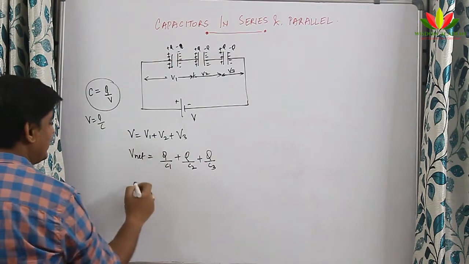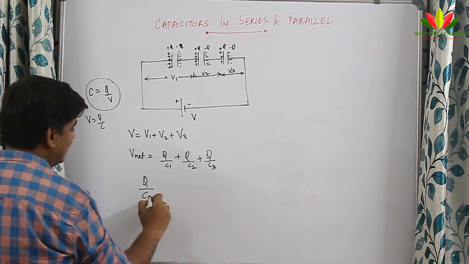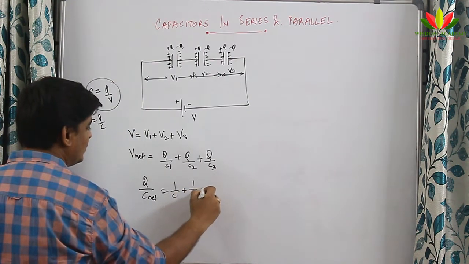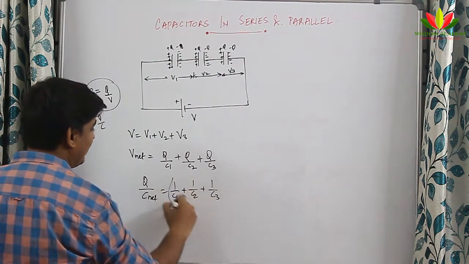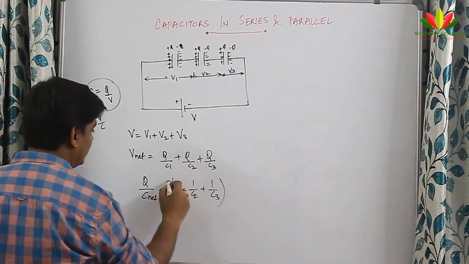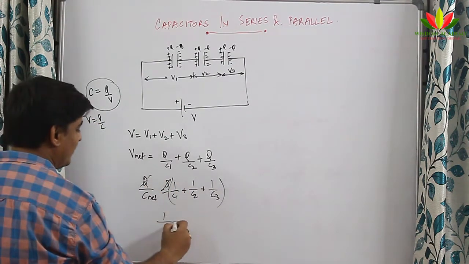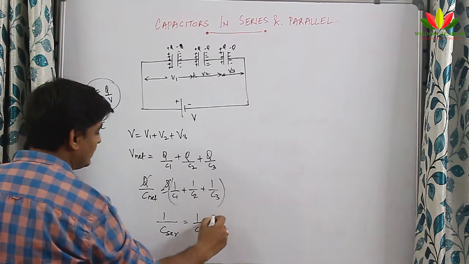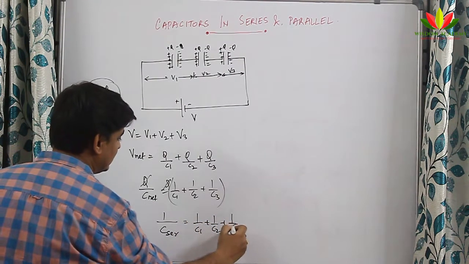And V net will be equal to Q by C net, that is equal to Q times 1 by C1 plus 1 by C2 plus 1 by C3 if I take Q common. Q will get cancelled and I get 1 by C in series equal to 1 by C1 plus 1 by C2 plus 1 by C3.